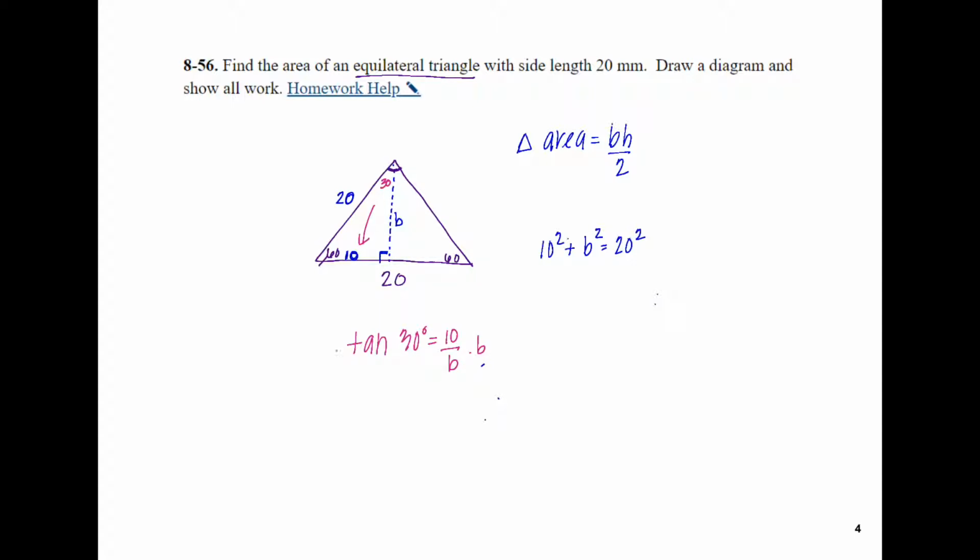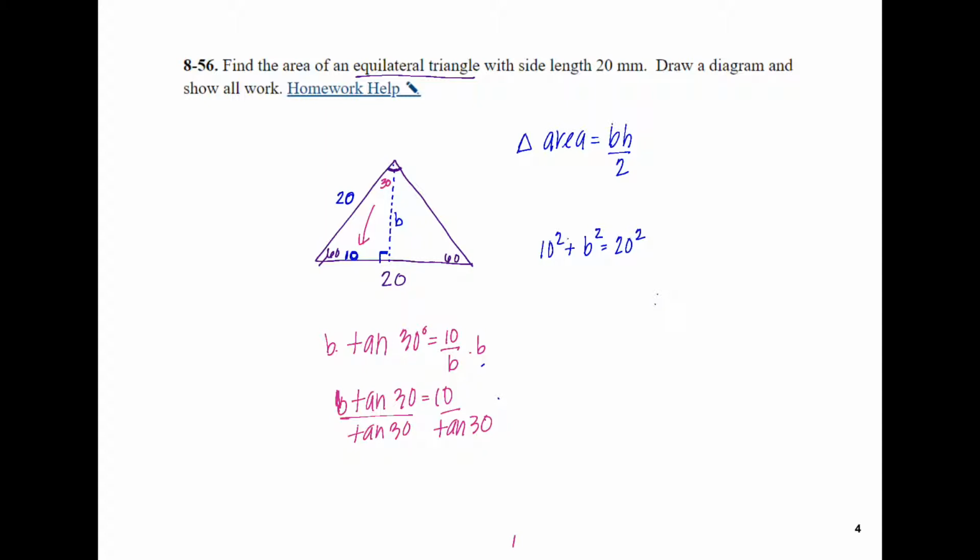Multiply by b to get it out of the denominator. So we have b times the tangent of 30 is equal to 10. Divide by tan 30.